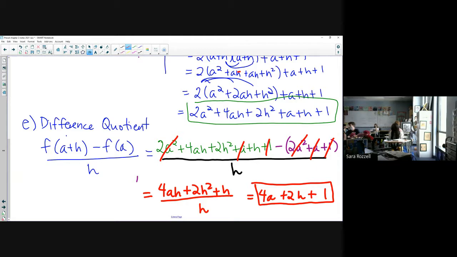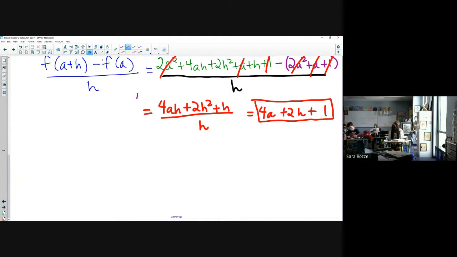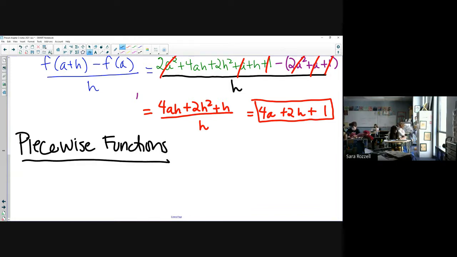That's our evaluating function. Now we're going to evaluate some piecewise functions. Do you remember seeing a piecewise function before? Maybe. Yes. Maybe not. Write them down. Piecewise functions are functions that are broken up into, what do you think?